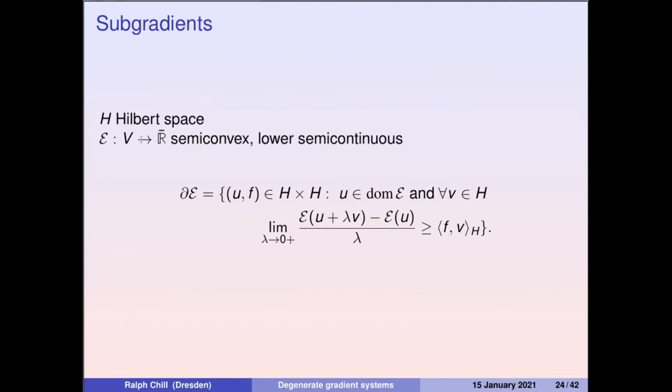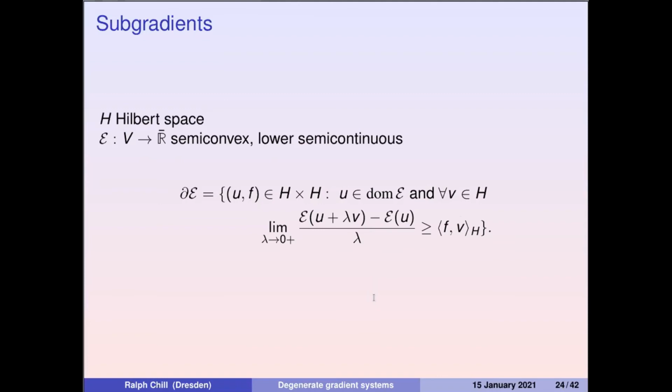Please note, H is our Hilbert space, and now the energy is defined on a different space, V, a linear space. Before this was H. And the subgradient is a relation on H. Now, if E is not defined on H, this definition doesn't really make sense. And one has to change it a little bit, but one can change it in a reasonable way.